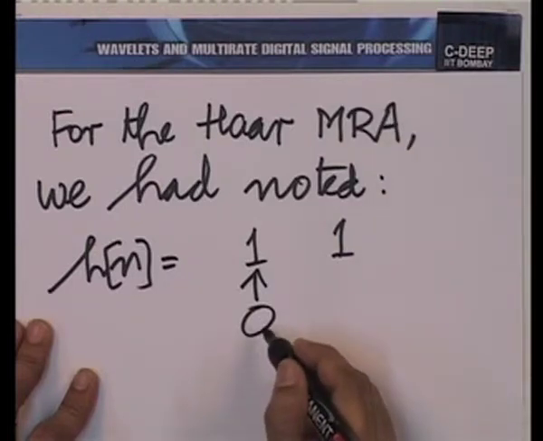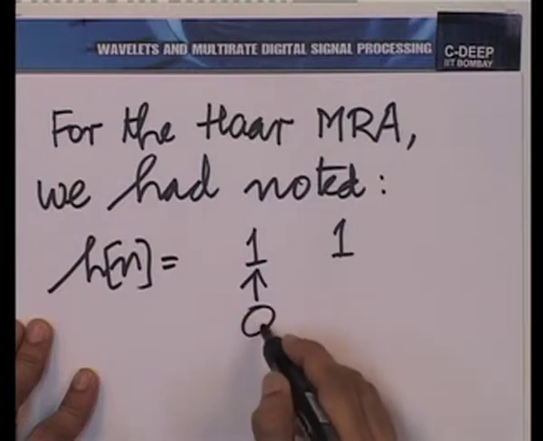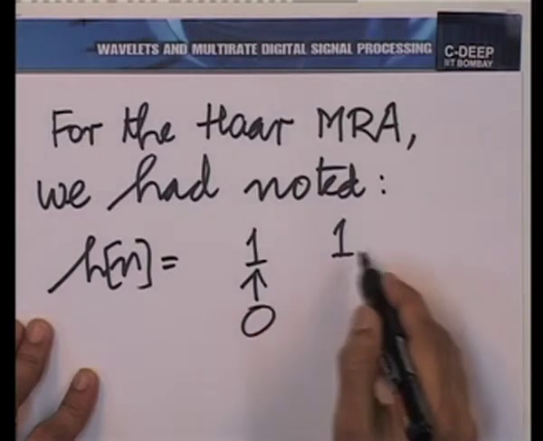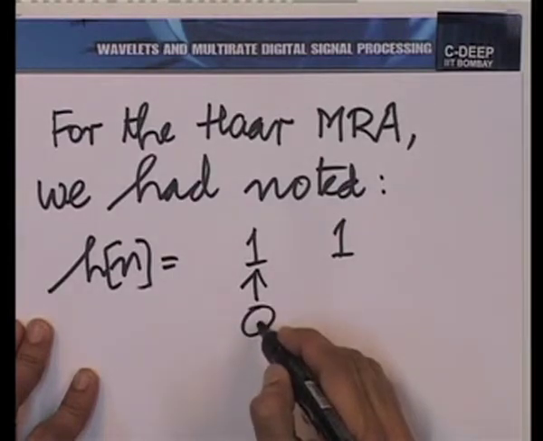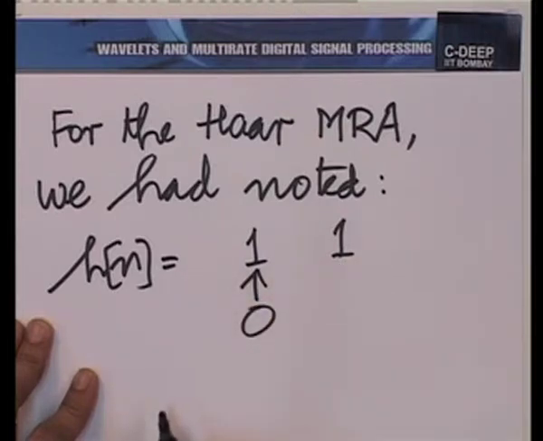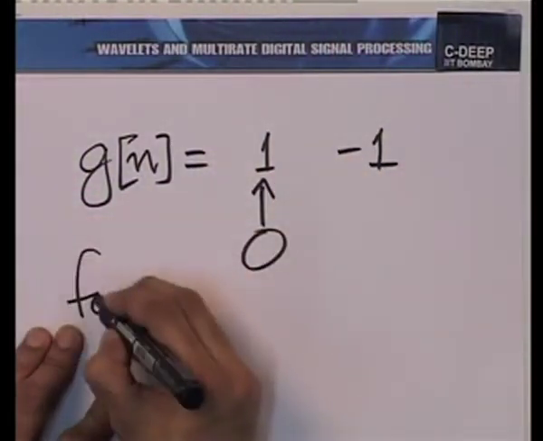Recall that this is a way of denoting finite length sequences, and this means that at n equal to 0, the value of the sequence is 1, and then points after and before take values as shown. So, for example, if this is n equal to 0, this is going to be n equal to 1, and of course, other points which are not shown are automatically 0. g[n] is this for the Haar system.